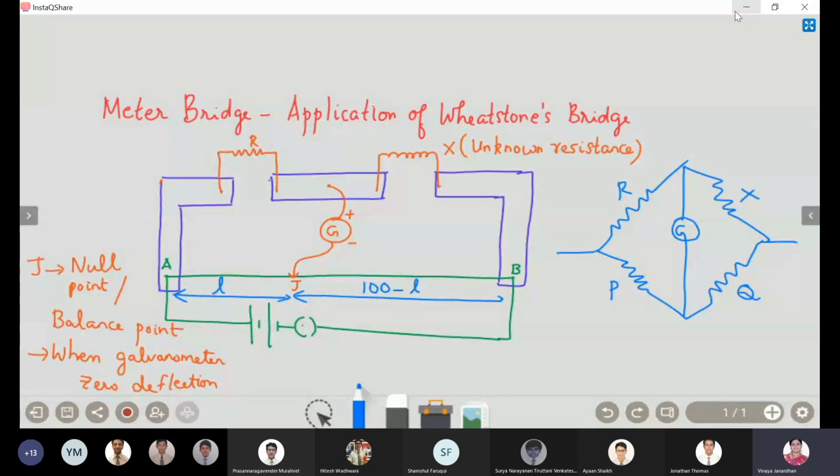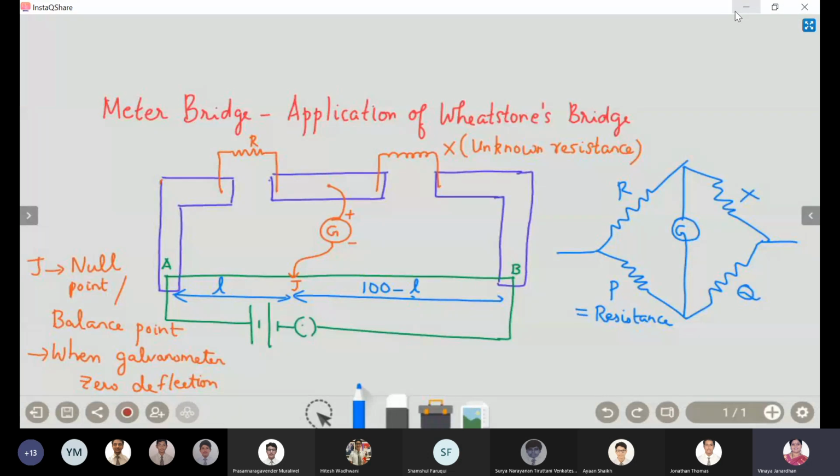Now, the resistance offered by the length of wire AJ is equivalent to P, because the current is flowing through the wire. So this part of the wire from A to J, having a length L, offers some resistance to the flow of current. Is that clear, boys?